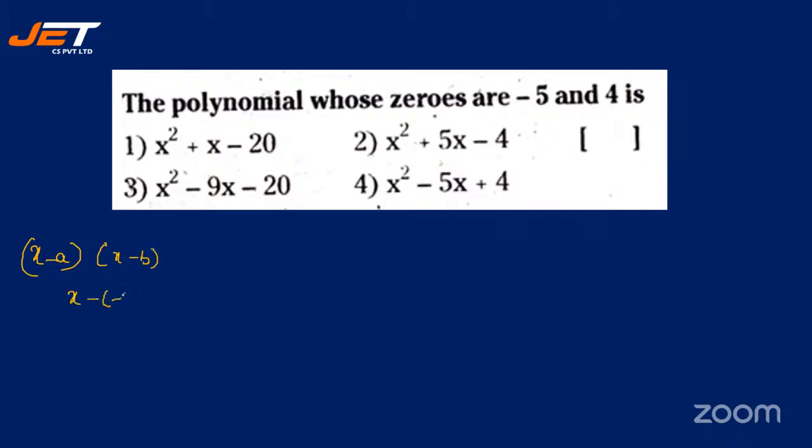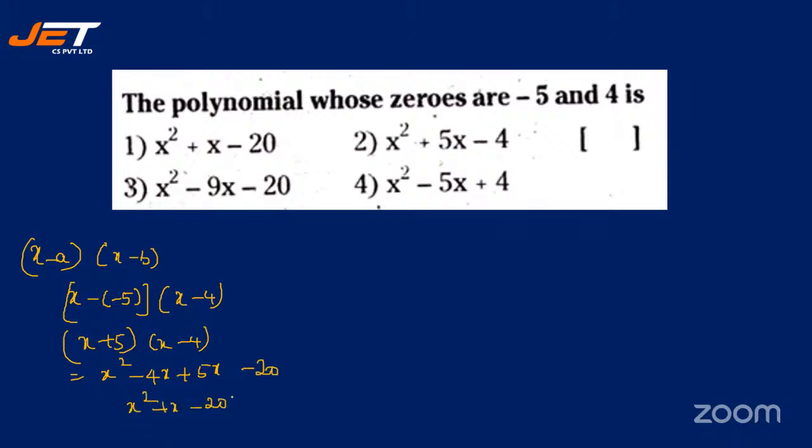So x minus of minus 5, then x minus 4. So it should be x plus 5, x minus 4. Let's expand it. X square minus 4x plus 5x minus 20. So x square plus x minus 20. So your option 1 is correct. That's what even we are getting. So if you had opted for option 1, then it is correct. All right, students.